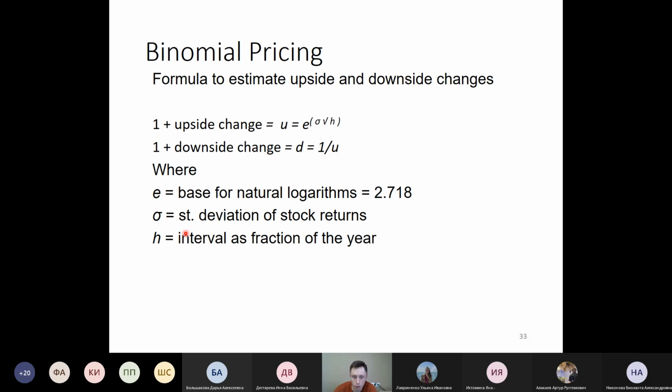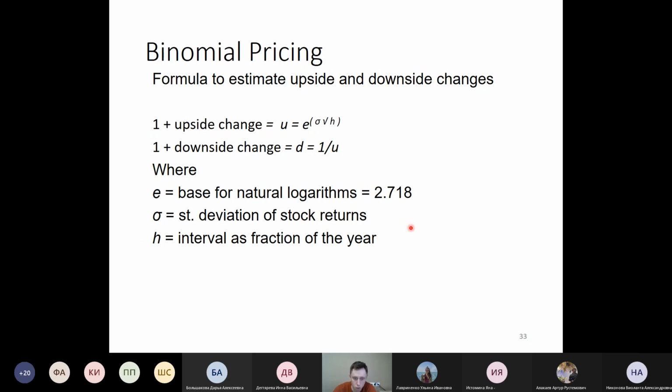So we should have all the periods in accordance. If we talk about the 3 months period, then it would be 1. If we talk about a yearly period and we have a step of 3 months, then it would be 1/4, and so on.